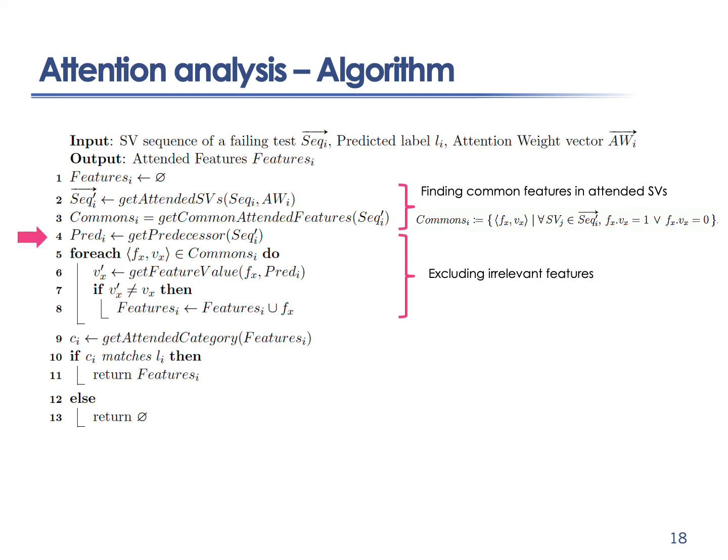Attention analysis identifies such features by comparing the features that are common between the attended SVs and their exact predecessor, and then excludes them from the common features. So the resulting set of features would be the attended features. Finally, if the category of the attended features corresponds to the predicted label, it means that the model has considered relevant features in order to predict the output of the test execution.